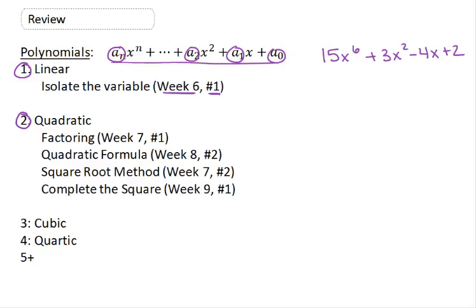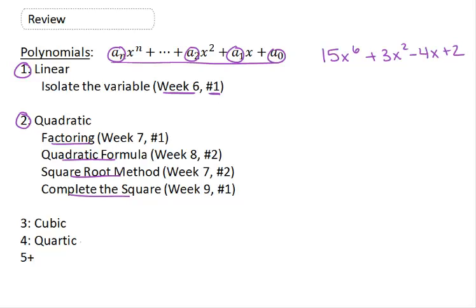Now, we have learned lots of different ways to solve those quadratic polynomials. Those involve factoring, quadratic formula, the square root method, and not to mention completing the square. So you can use your favorite method when you see a degree 2 or a quadratic equation.